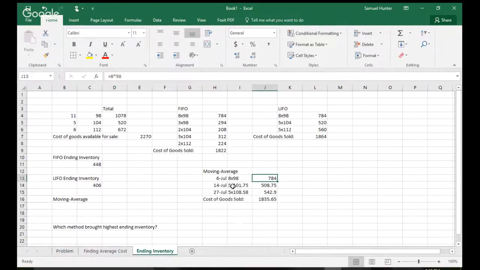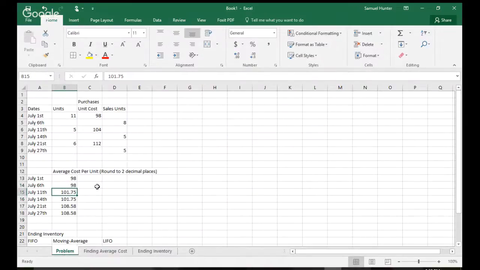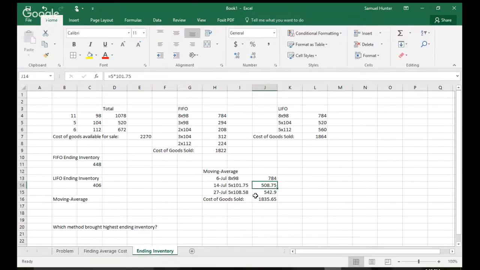So 5 times 101.75 is $508.75. On the 27th, we sold 5 more at an average of 108.58, so 5 times 108.58 is 542.9. We add the 3 together and we get 1,835.65. For the ending inventory on moving average, we take the cost of goods available for sale, subtract the cost of goods sold, and it's 434.35.